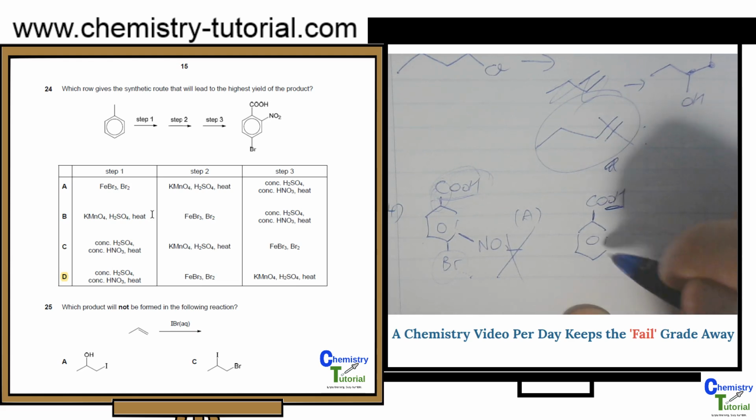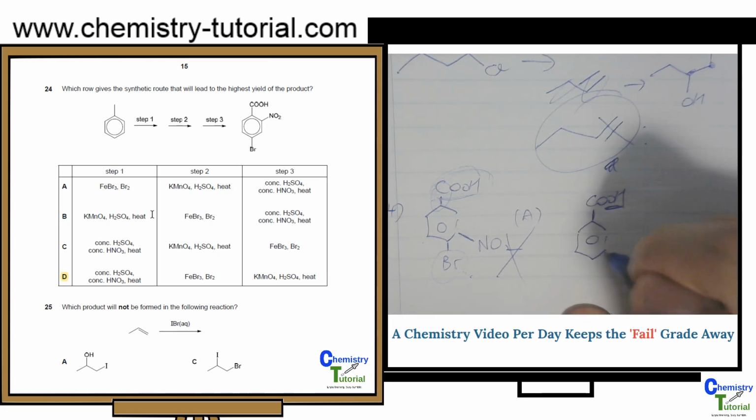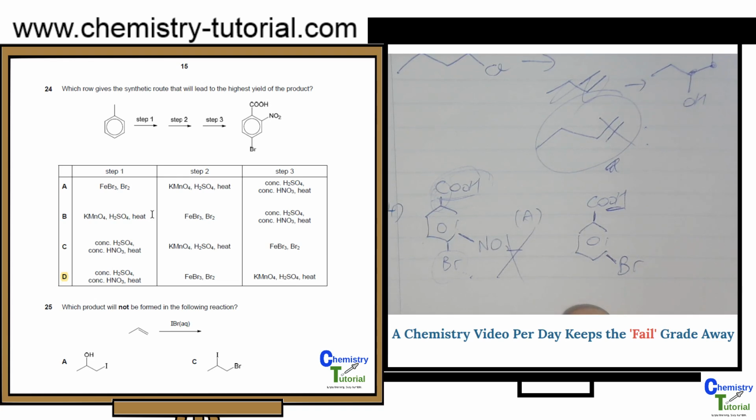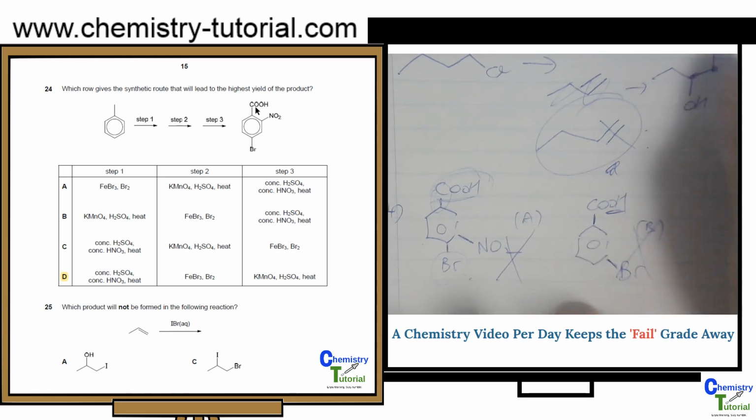That means the incoming Br plus, the incoming substituent, will be added at the 3rd position relative to this COOH. That means you're going to have the Br either here or here. Now, if it's added at this position, then there's no need to continue with the nitration step already, because we want the Br to be opposite that of COOH. So option B itself is also wrong.